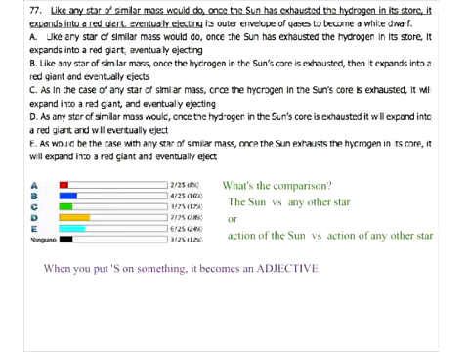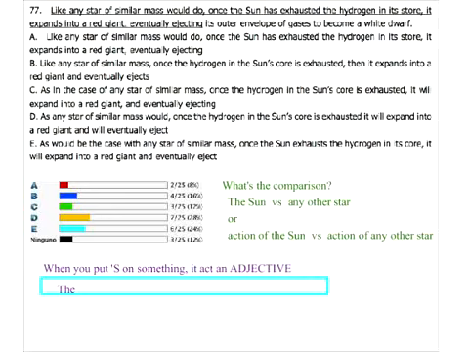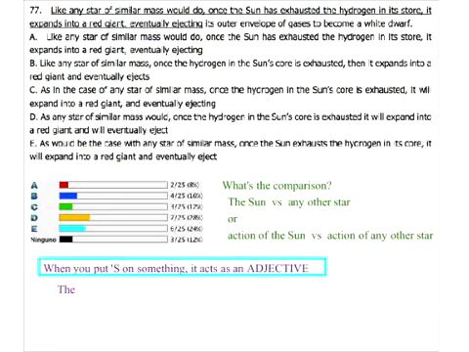It's not a noun anymore. Sorry, something just made a sound. I don't know if grammar purists would say that it's an adjective or not, but it acts as an adjective. So if you say the sun, that's a noun.